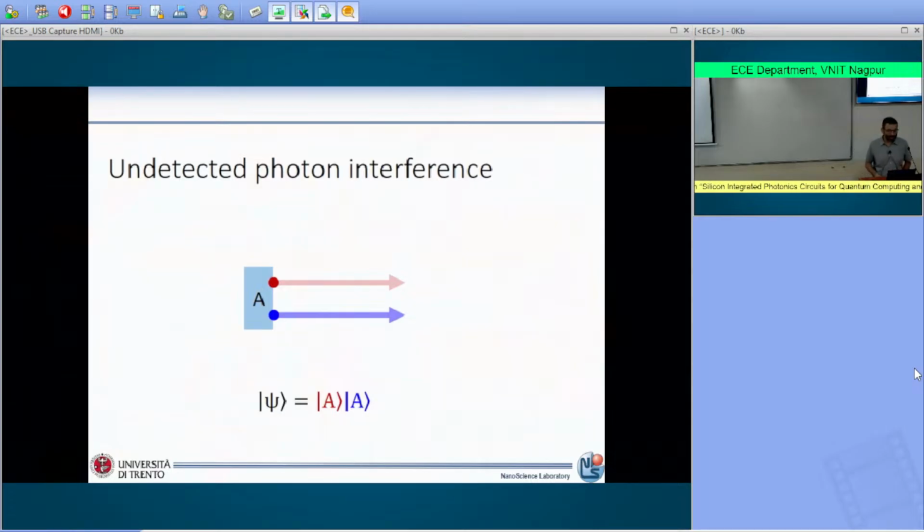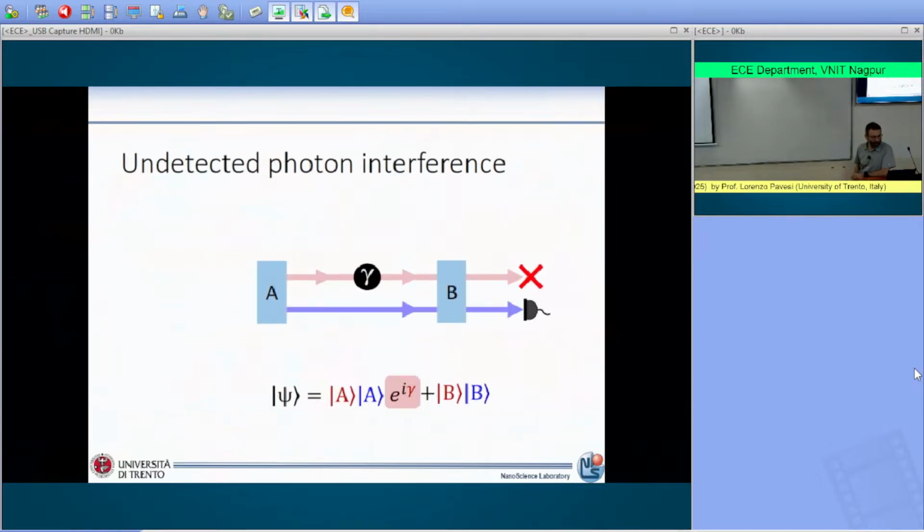Now we take a source that is able to generate entangled photons. So we have the first source that is generating two photons. Then we put the second source, and in the second source as well, we have the probability of generating an entangled photon pair.